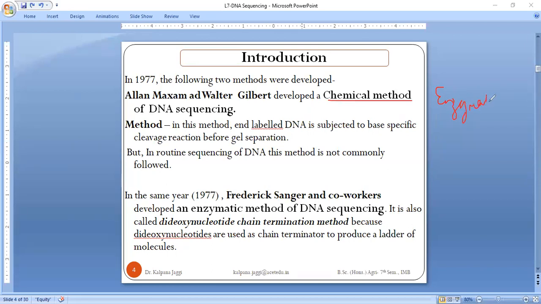As the name indicates, in the chemical method, DNA is subjected to certain chemicals, and after the chemical degradation, the sequence is known, right? Before I go into the whole history, just learn that the very first method was the chemical method, and since it was developed by Allan Maxam and Walter Gilbert, it is often known as the Maxam and Gilbert method.